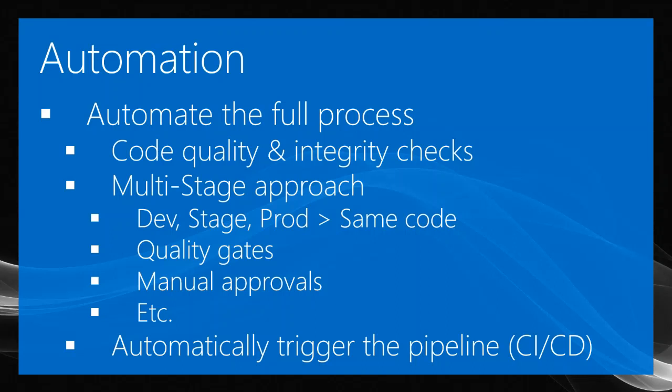And as I mentioned, we can have specific quality gates saying, once we have the code released to dev, we will do some checks. And these checks can, of course, be manual checks, but they can also be automated. The quality gates I mentioned also mean that we can check certain situations in that dev environment.